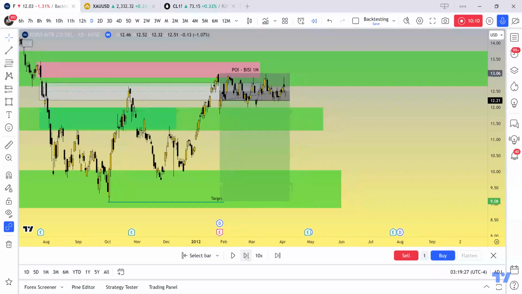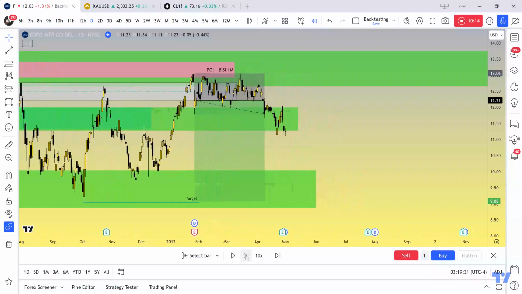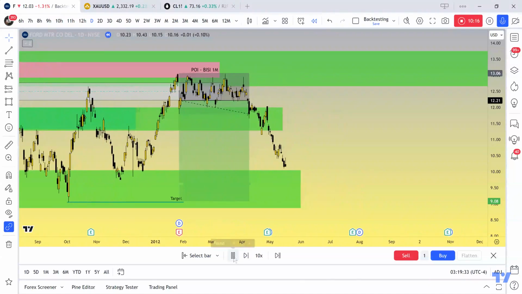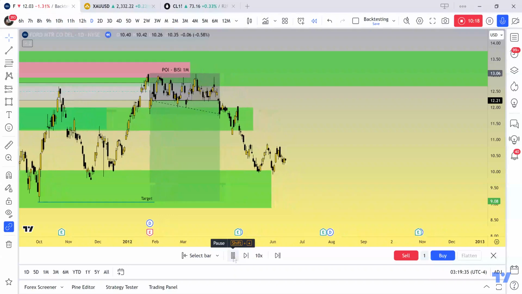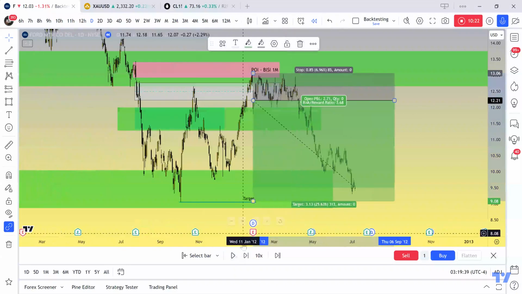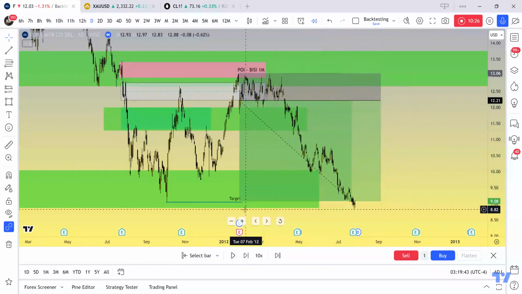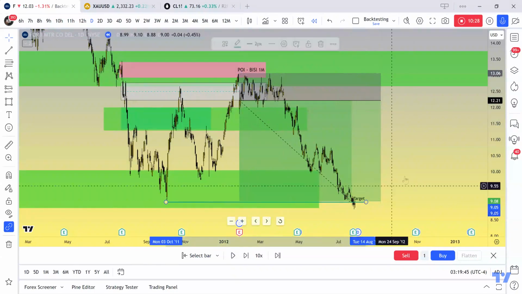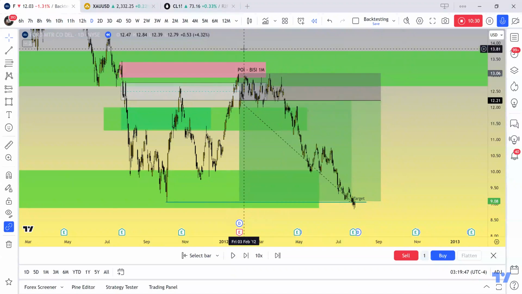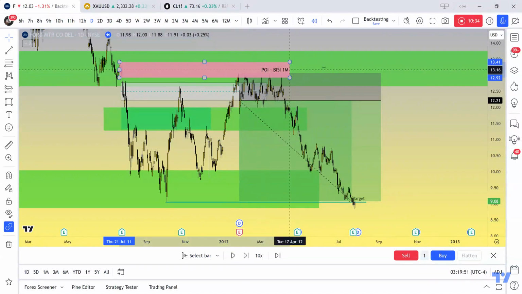Let's just fast forward this thing. All right. Okay. At least we got our target. So yeah, almost got stopped out multiple times.